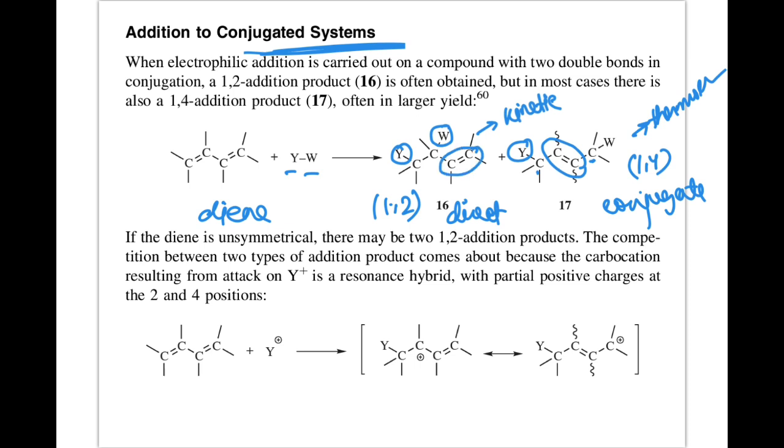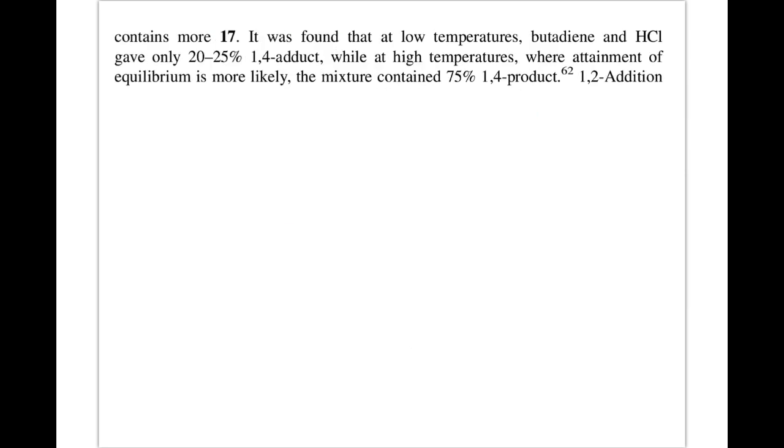All right. Now we move onwards and we always see that depending on different kinds of molecules we are going to have different possibilities. So let's say butadiene molecule gave only 20 to 25% of 1,4 adduct at low temperatures, while at higher temperatures, where attainment of equilibrium is more likely, the mixture contains 75% of 1,4 product.